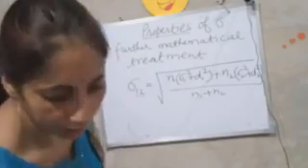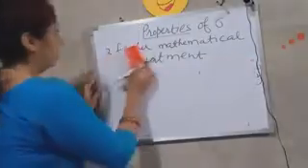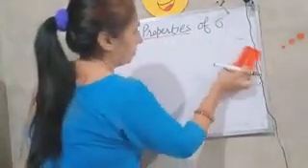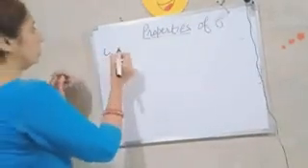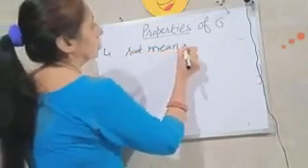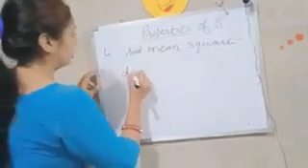Okay, so now the next, the fourth property. This property says that the root mean square deviation.